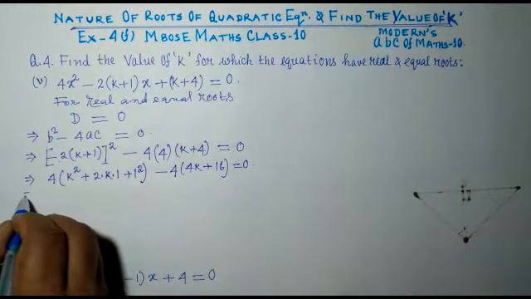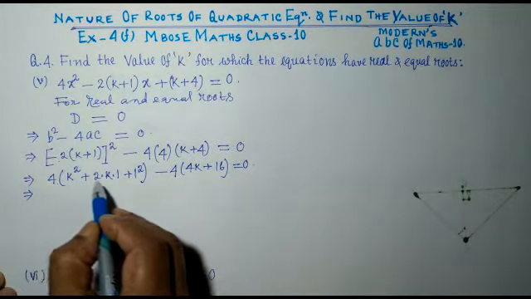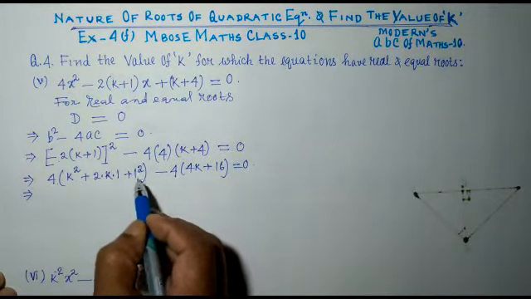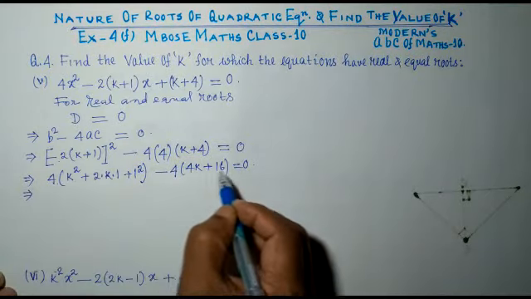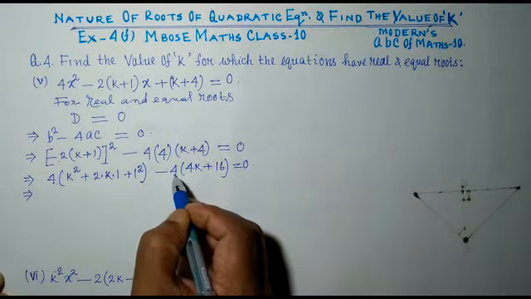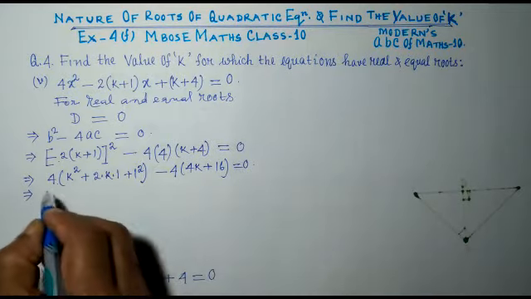And now what we see, look this term 4 into k square plus 2 into k into 1 plus 1 square. Here 4 is common, and in this second part also there is 4 common. So we can make the equation simple by dividing the terms by 4.